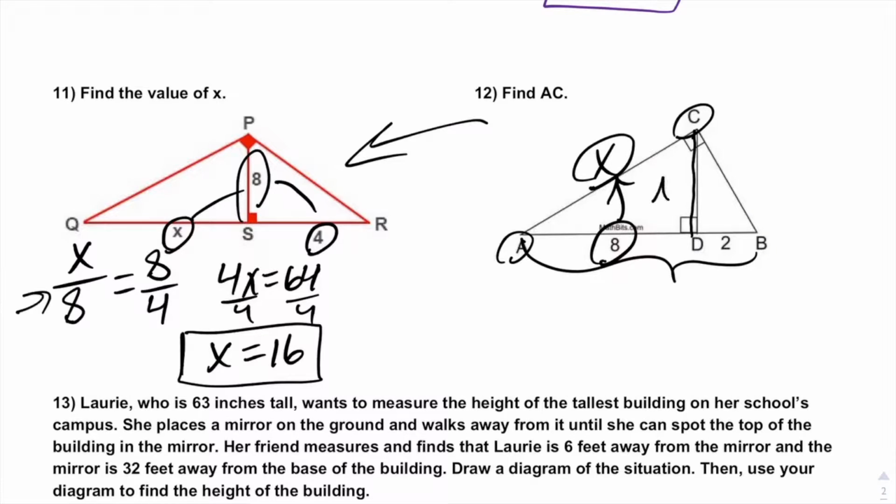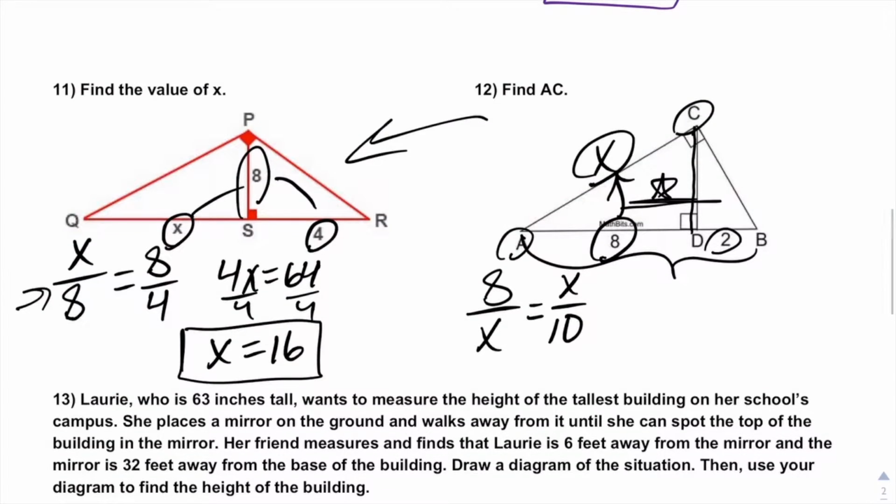So this triangle basically is to x as x is to the whole triangle. So let's do 8 is to x as x is to 10, because 8 plus 2 is 10. Cross multiply. x squared equals 80. Square root. x equals 8.94.